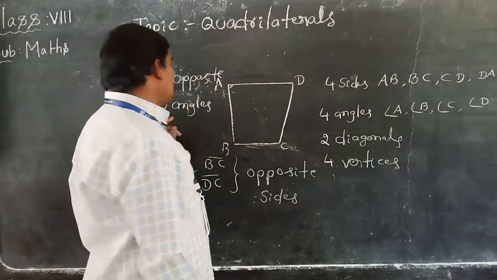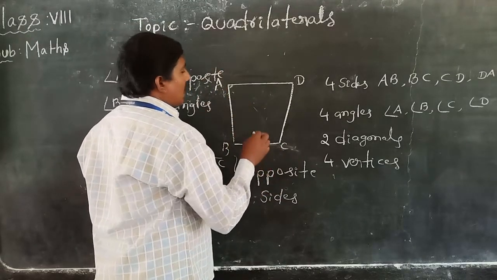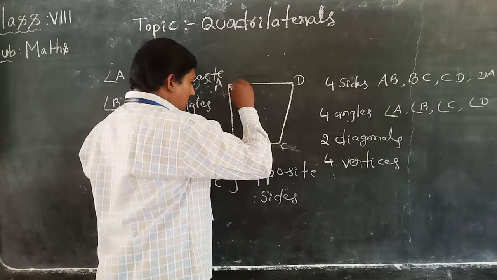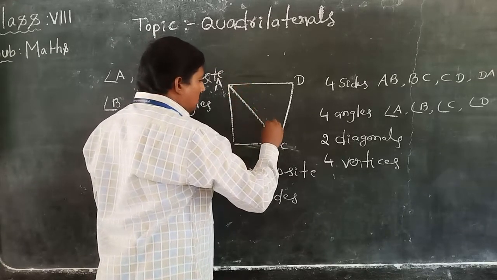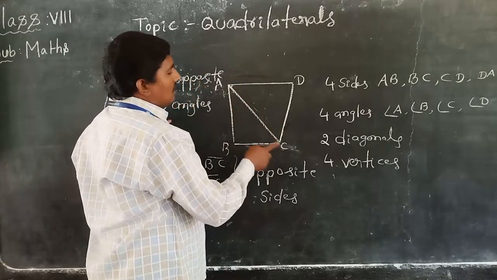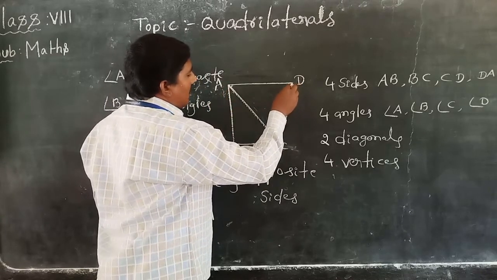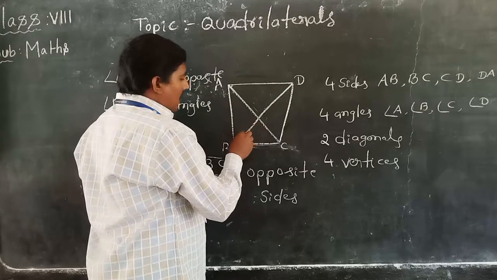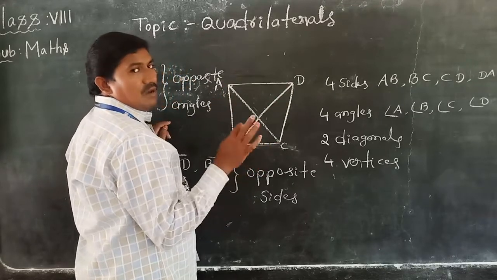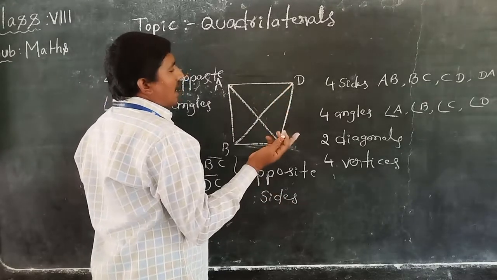These properties are satisfied by each and every type of quadrilateral. A line segment joining opposite vertices is called a diagonal. Why? Because vertex A and vertex C have no common side, and vertex B and vertex D have no common side.